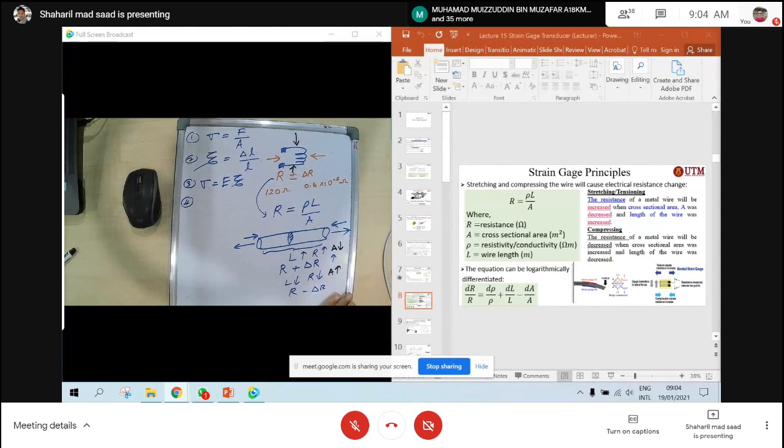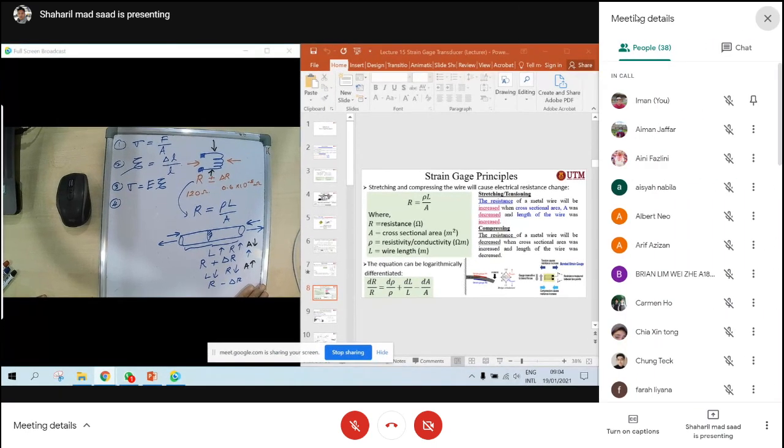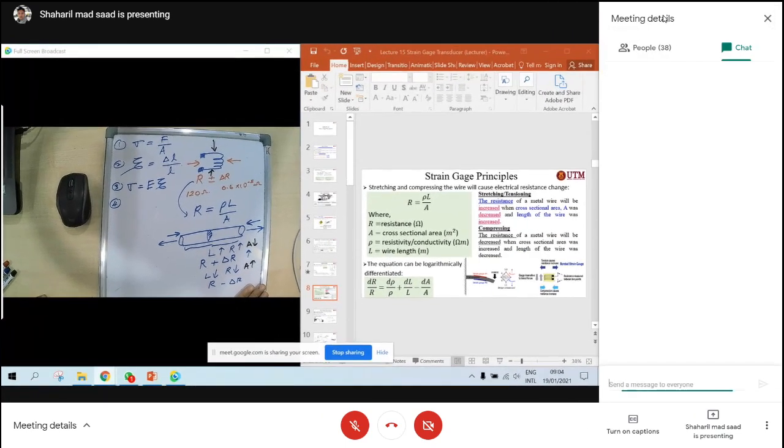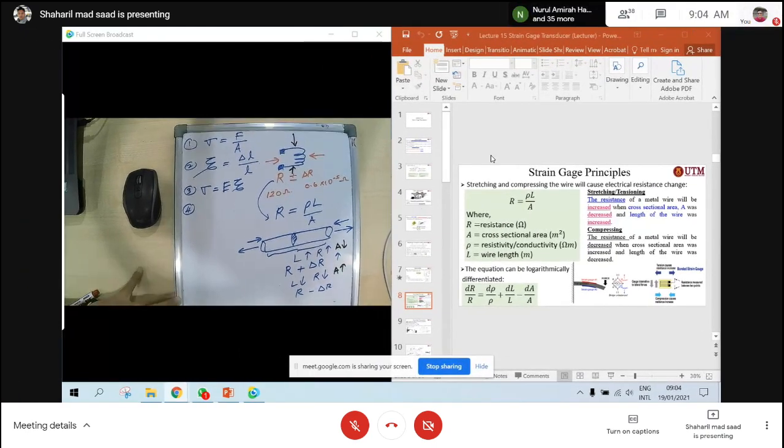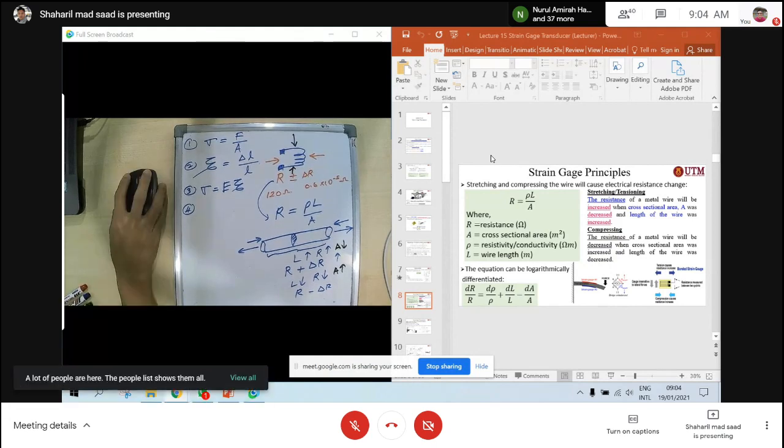Rahul Hassan, any question? No? Where are you right now, Rahul? Nurul Amirah dekat mana? Rumah. Dekat rumah sebelah tepi jalan. Sebelah tepi jalan. Kenapa? Dia buat apa? Apa dekat rumah sebelah tepi jalan? Rumah saya sebelah tepi jalan pun bising. Sorry. Oh, okey okey.